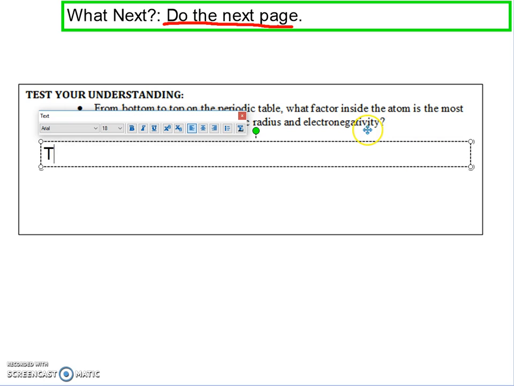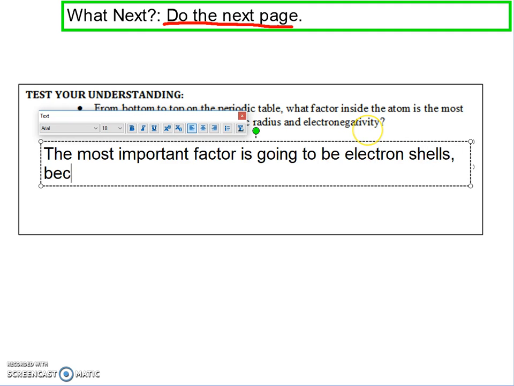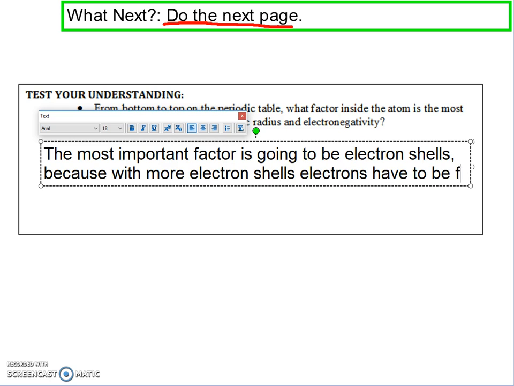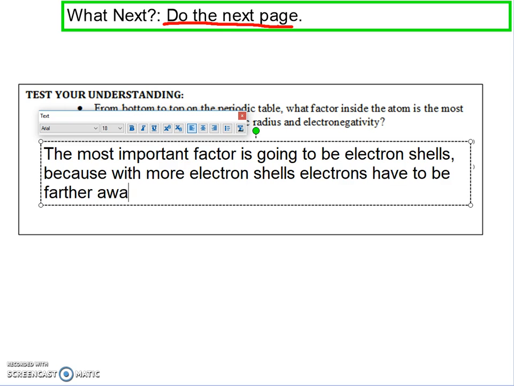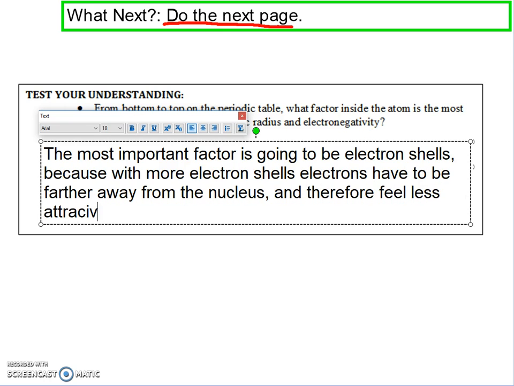So actually the most important factor is going to be electron shells, because with more electron shells, electrons have to be farther away from the nucleus and therefore feel less attractive force from the nucleus. And remember, with the electromagnetic force, distance actually plays a larger factor than charge.